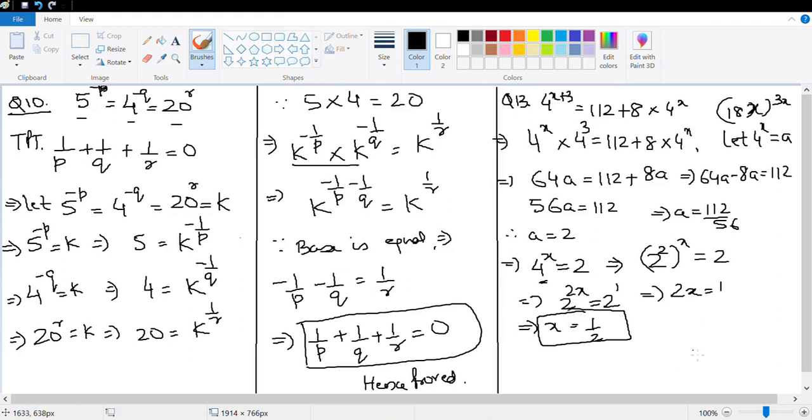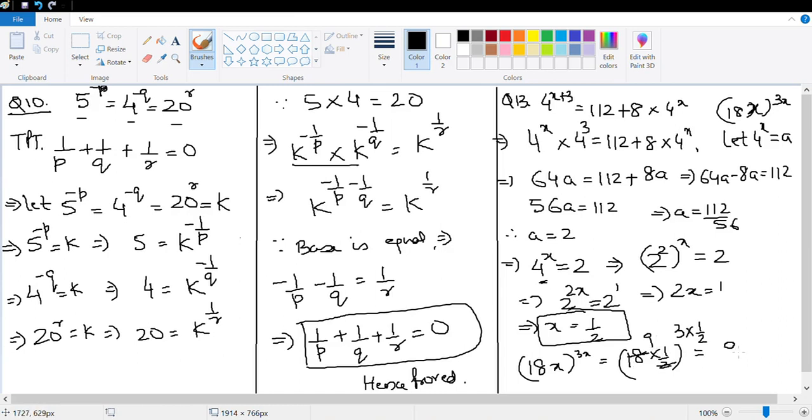This is a type of question which has a tail question. They don't want us to calculate x, they want us to calculate 18x to the power 3x. So 18x to the power 3x will be equal to 18 into half raised to the power 3 into half. So this is 9.